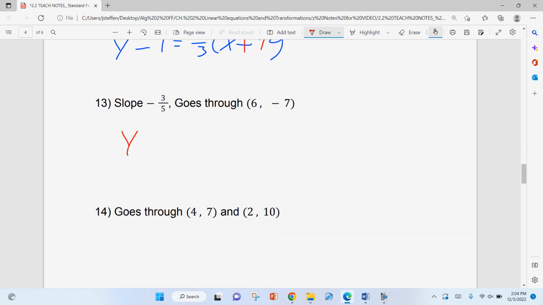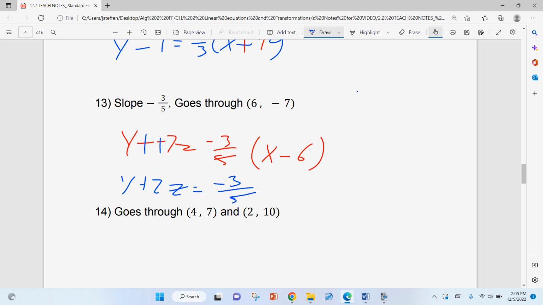Same thing here, y minus negative 7 is equal to negative 3 over 5. So we have minus and negative, so y plus 7 is equal to negative 3 over 5, x minus 6.